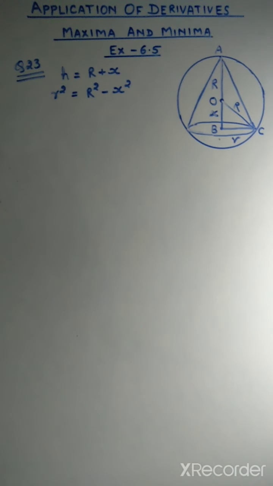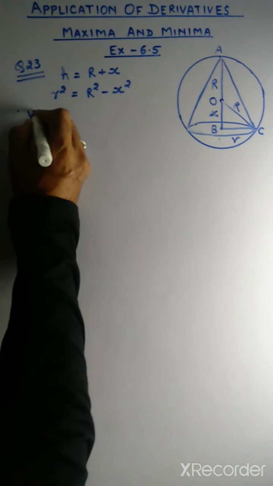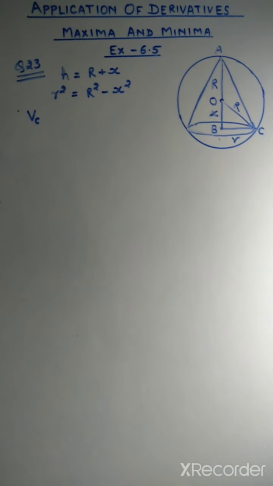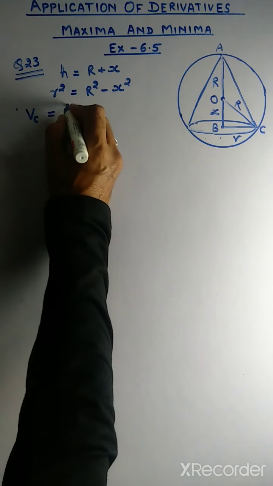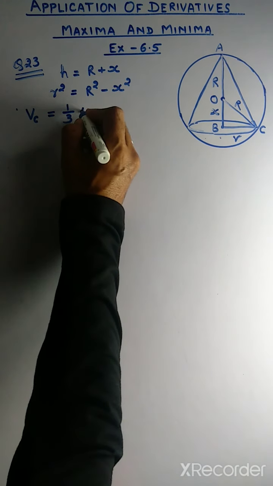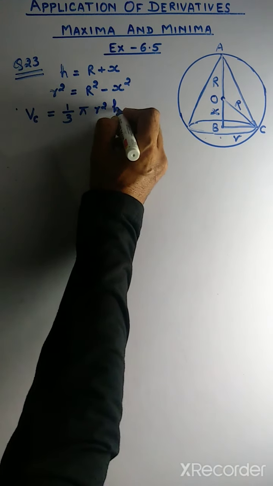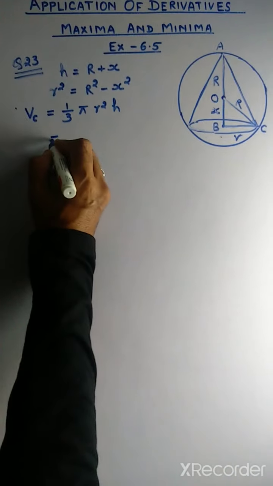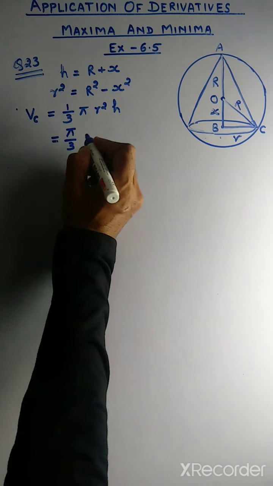Now the volume of the largest cone. So we have to maximize the volume of the cone. The volume of the cone, denoted by Vc, equals 1 by 3 pi r square h, which equals pi by 3.